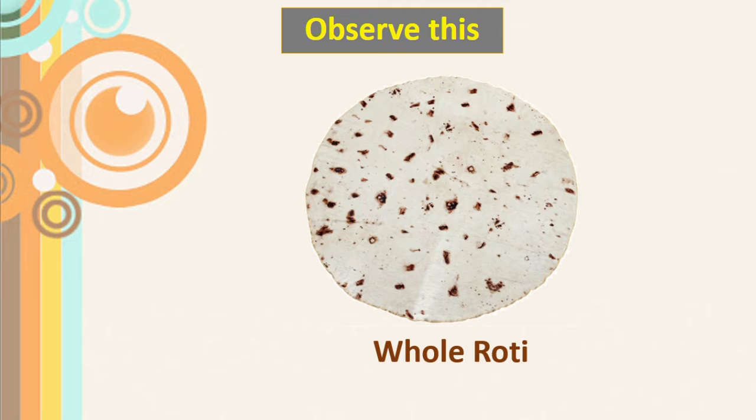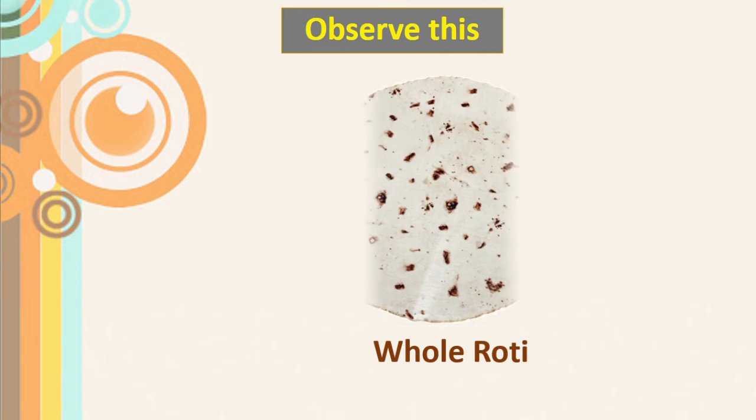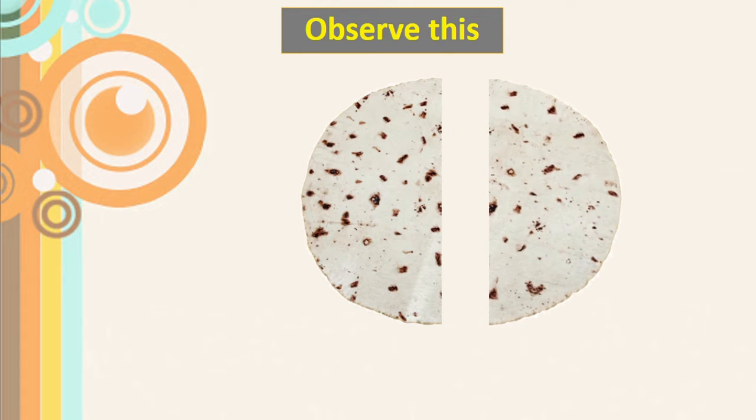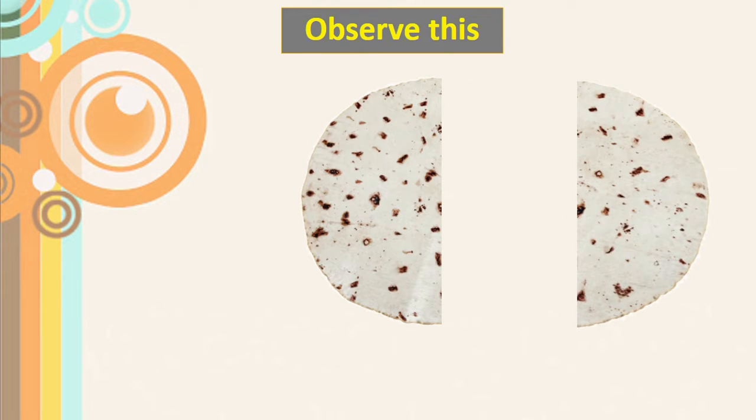She will cut this roti exactly in the middle. See this. And one piece she will give to her son and one piece she will give to her daughter. Isn't it? Yes.